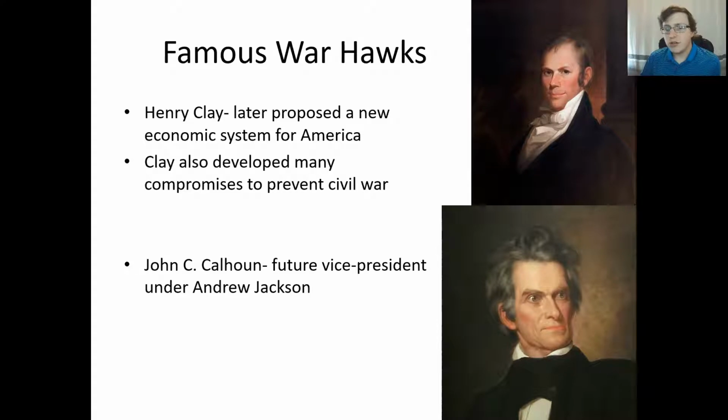He is going to be known as one of the best compromisers when it came to the Constitution, and he'll also be responsible for a new economic system that will replace the Hamilton system. The other one, John C. Calhoun, is going to eventually be the vice president to another man by the name of Andrew Jackson, who we'll see tomorrow. He is going to have his own issues, however, when it came to his relationship with Jackson, and we'll focus on that when we get to that unit.